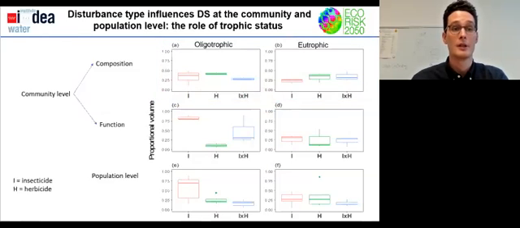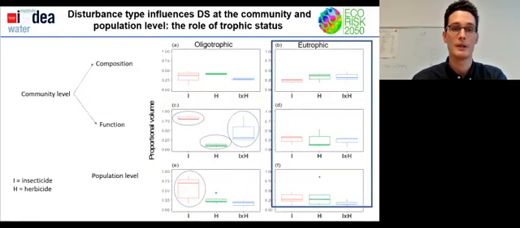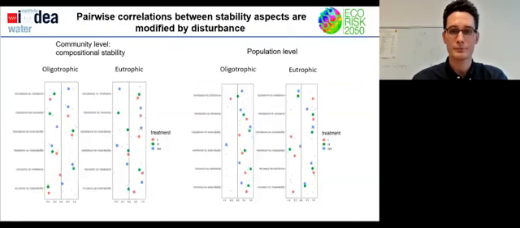But for functional stability at the community level and at the population level, we did find significant differences between the treatments. And I want you to notice that those differences were significant only in oligotrophic system. In eutrophic system, we didn't find any significant difference between the treatments.